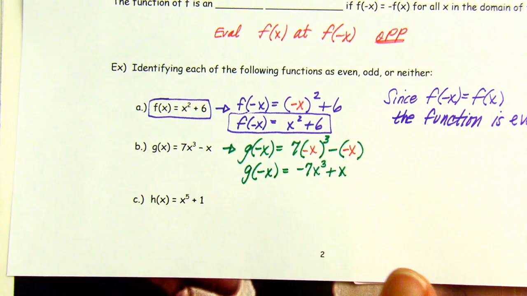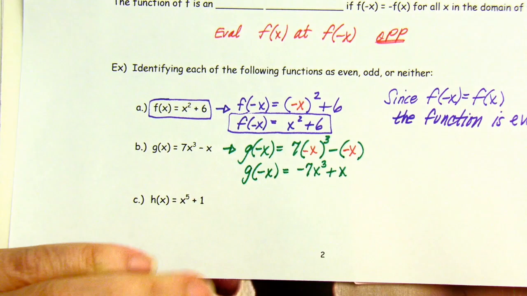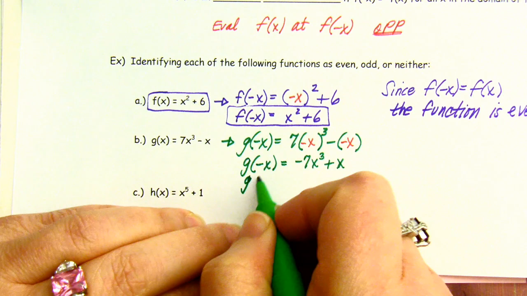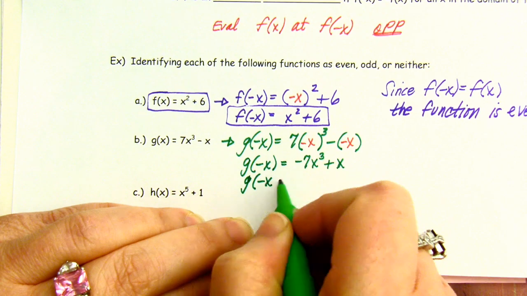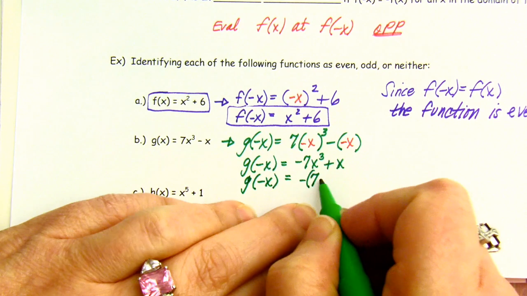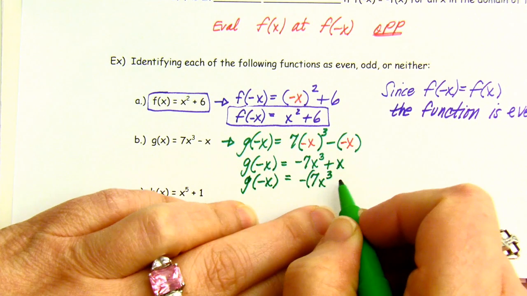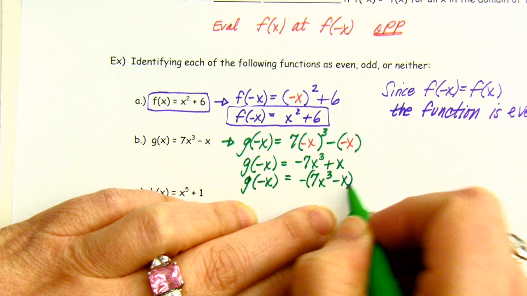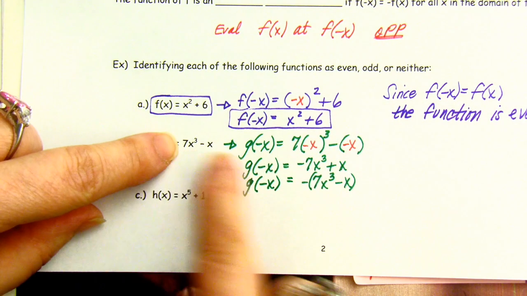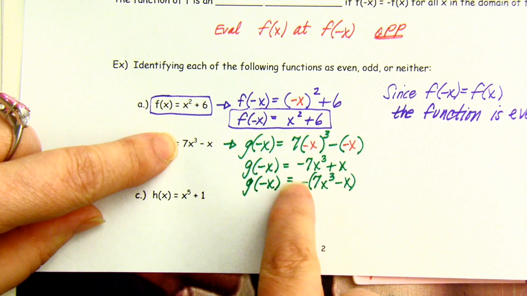So when all of them have opposite signs, that means it was changed. And in fact, I'm going to rewrite it like this and factor out that negative. So I get a 7x cubed subtract x. Now if I look here, 7x cubed subtract x is inside my group, but there's a negative outside.